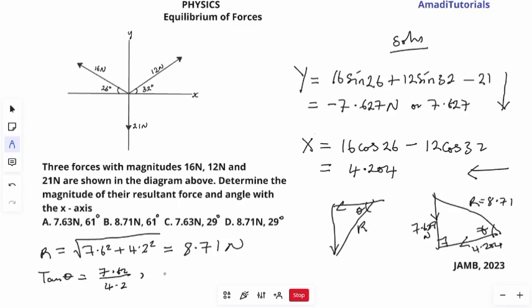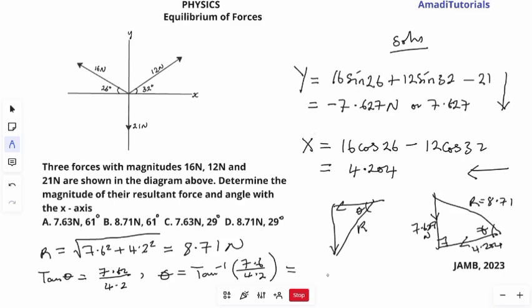Whatever you get there, you now do tan inverse, so that your theta will be tan inverse of 7.6 divided by 4.2.